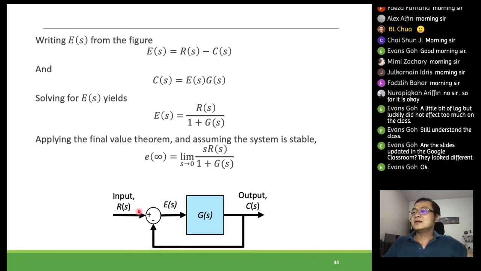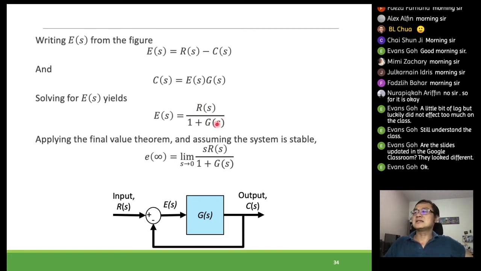Again, very similar: R, then we have C. The error is R minus C(s), right, and we know that C(s) is E multiplied by G. Since this is a unity feedback, we know that it would be R itself divided by 1 plus G(s).